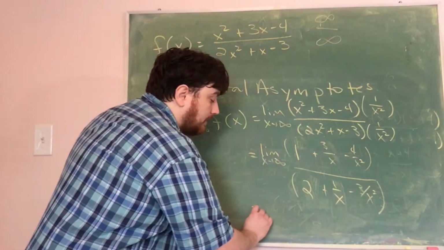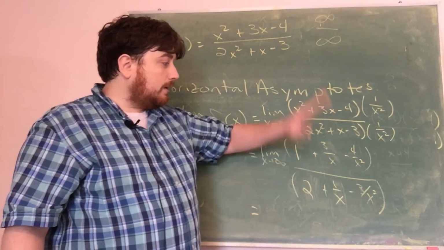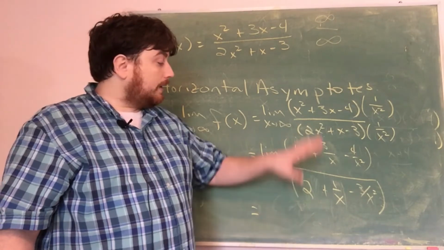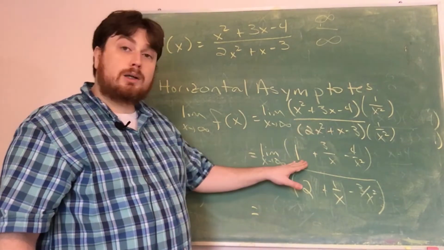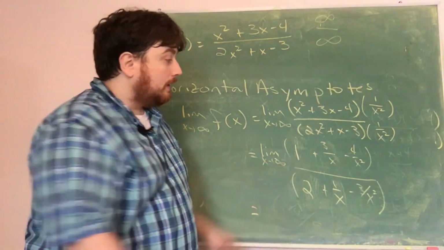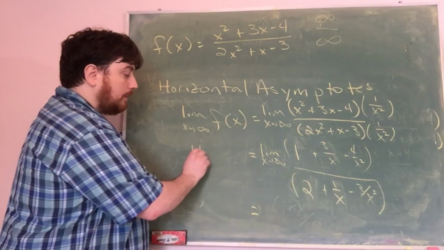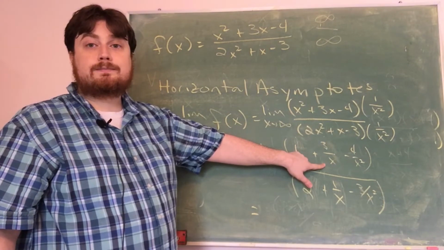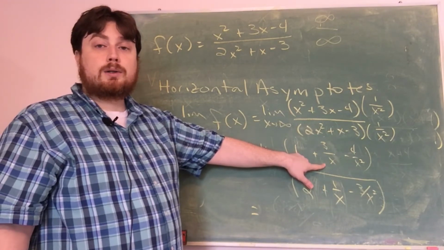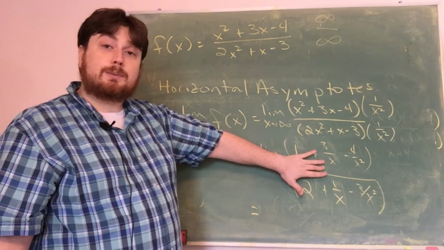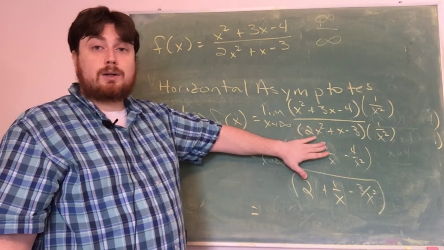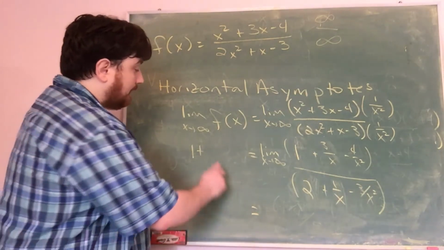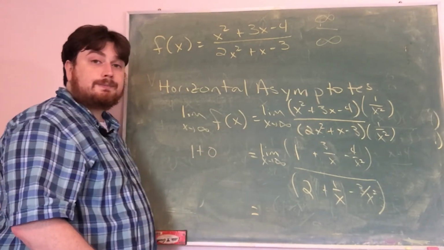Now the reason why this is helpful is now I can think about a new limit. What's going to happen as x gets large? Well, as x gets large, 1 is going to stay 1. So this is going to look like 1 plus 3 over a huge number. Now when we were talking about vertical asymptotes, 3 over an extremely small number was infinity. Well, now 3 over a huge number is going to get arbitrarily small. So as a limit, this is going to be 0.